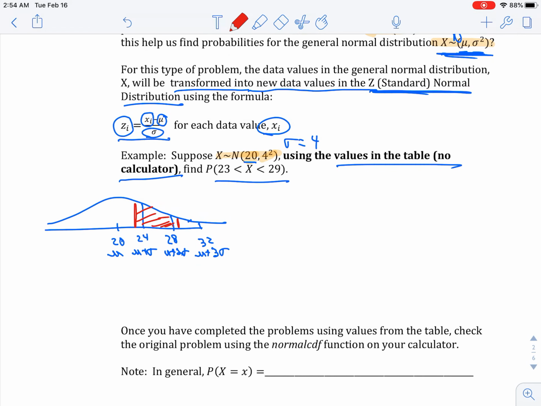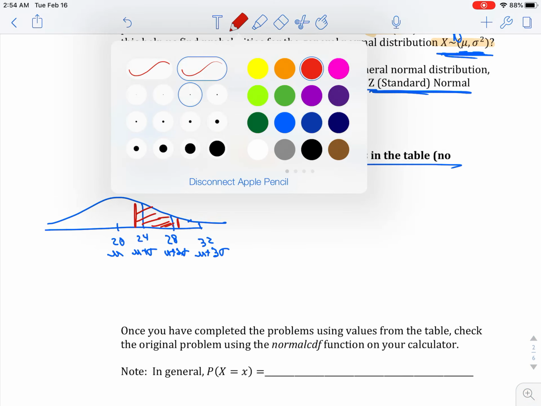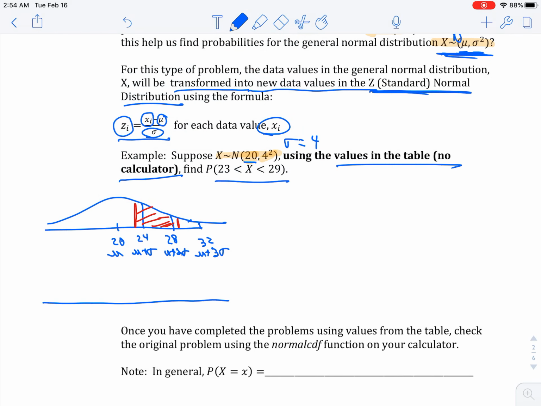So what we're going to do is transform that into the standard normal, so that this is 0, the mean, and the high point is there.